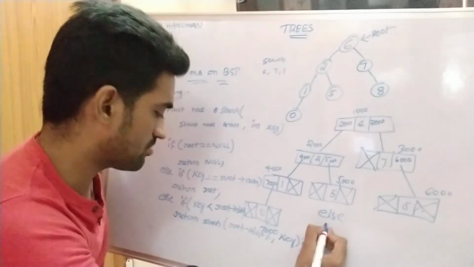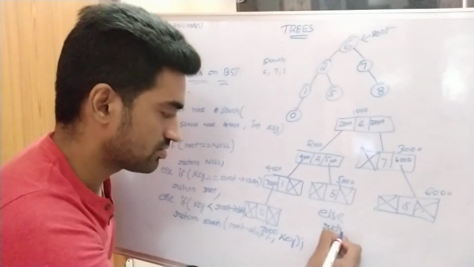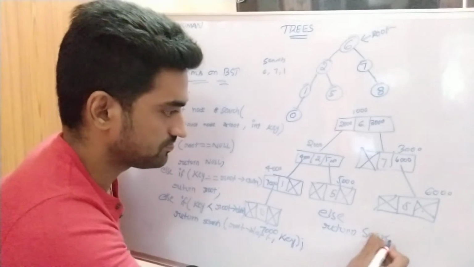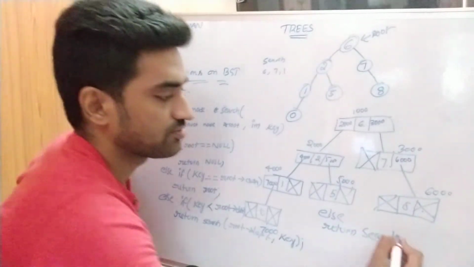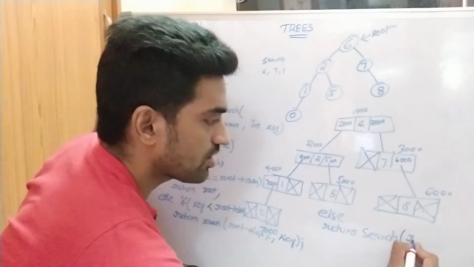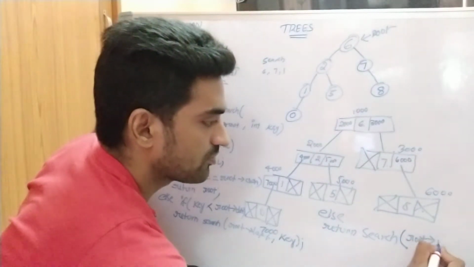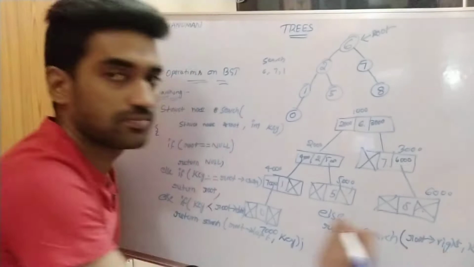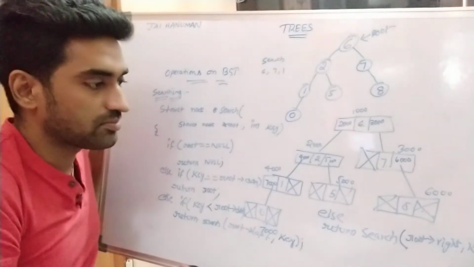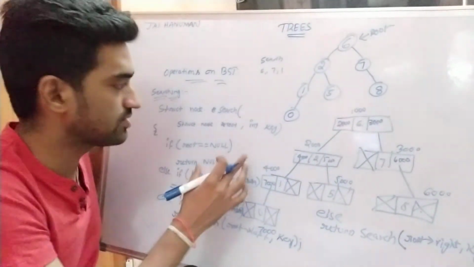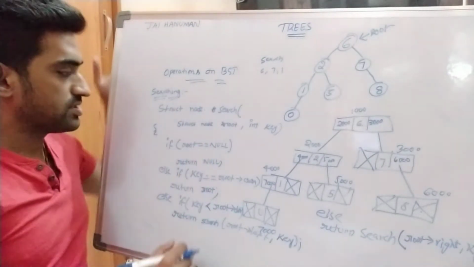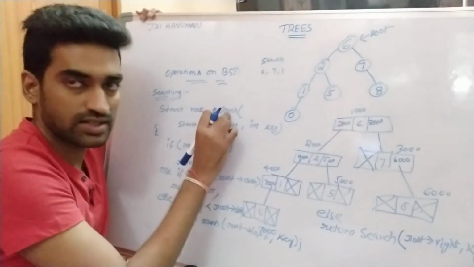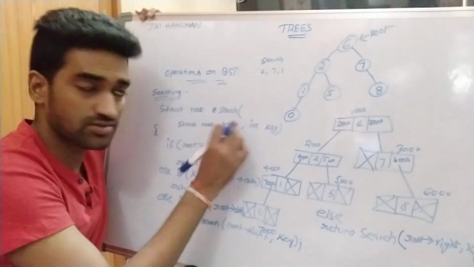So in else I am writing return search(root of right, key). So this is the algorithm for the searching operation. First of all, I am calling the search function, and we pass two parameters, root and key value.